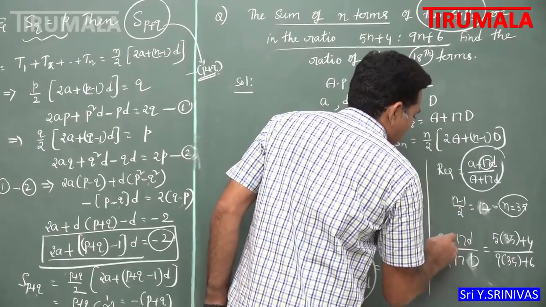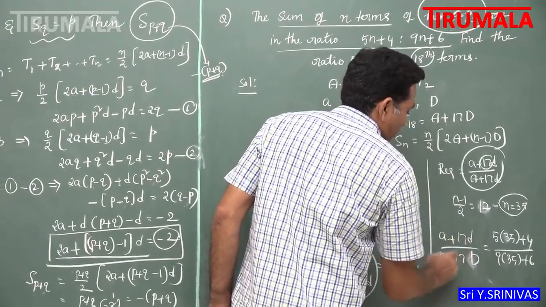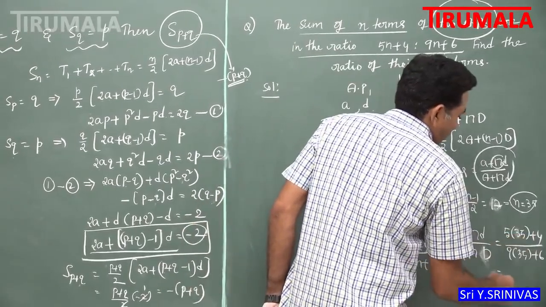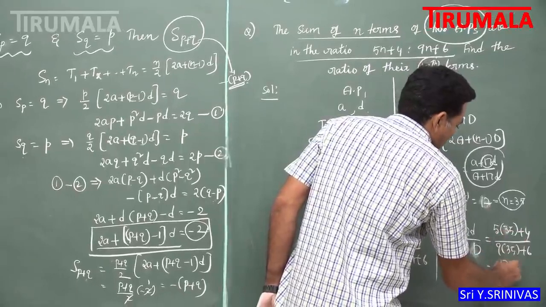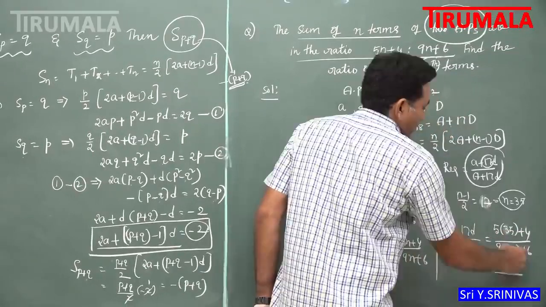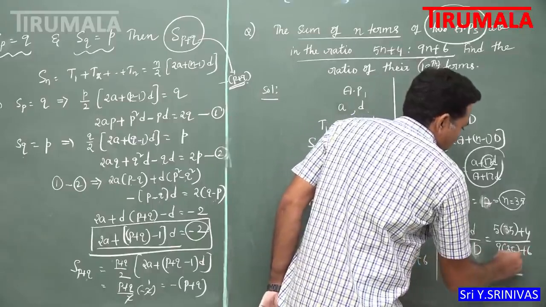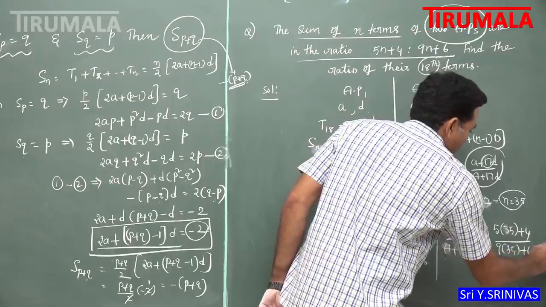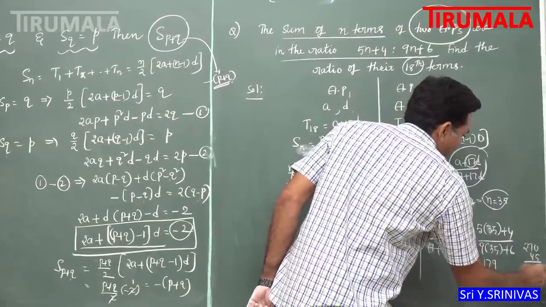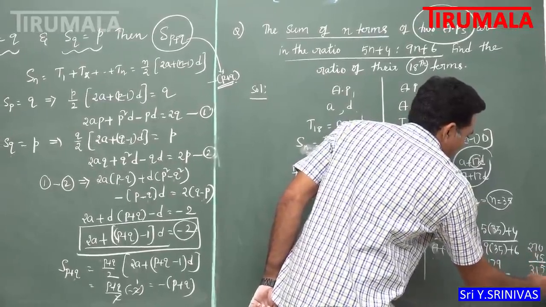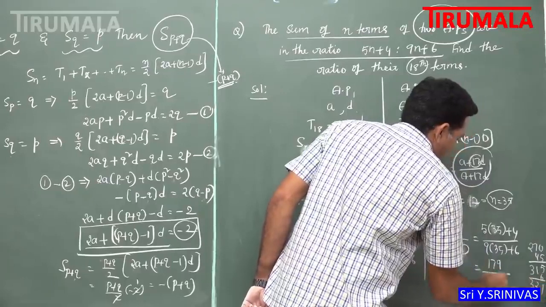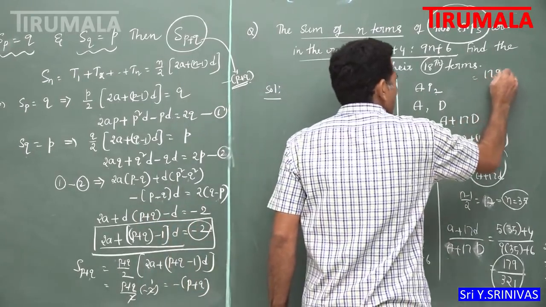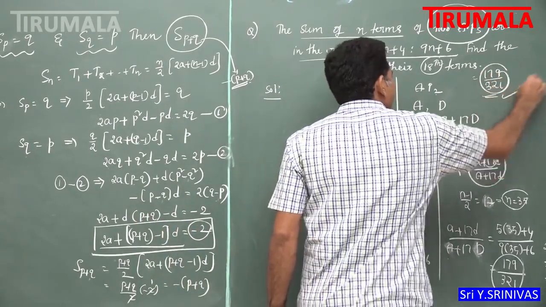The 18th term of the first AP by the 18th term of the second AP equals 5 into 35, which is 175, plus 4, which is 179. 9 into 35 is 270 plus 45, that is 315, plus 6, which is 321. 321 is the answer. The required ratio is 179 by 321, the correct answer.